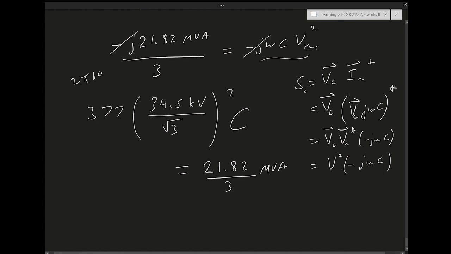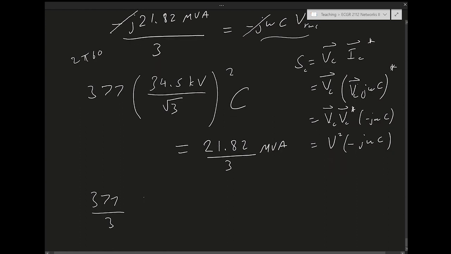Okay, so we can square this, so this becomes 377. Square root of 3 squared is 3, and then this becomes 34.5 squared. kV squared becomes MV, megavolt. C equals 21.82 over 3 MVA.